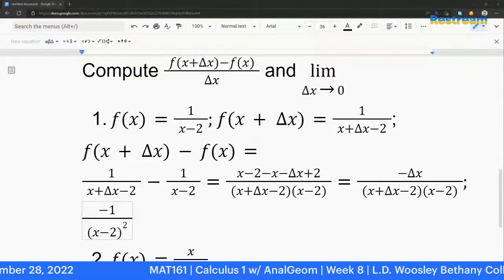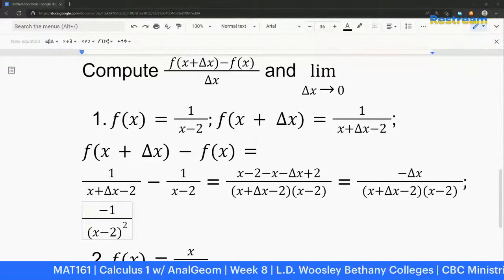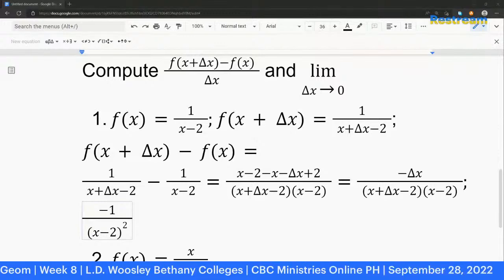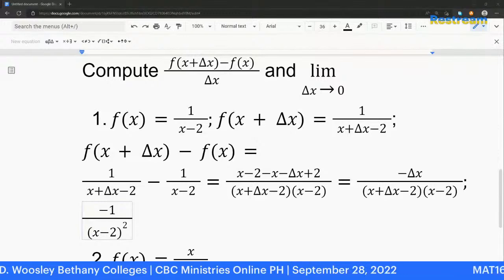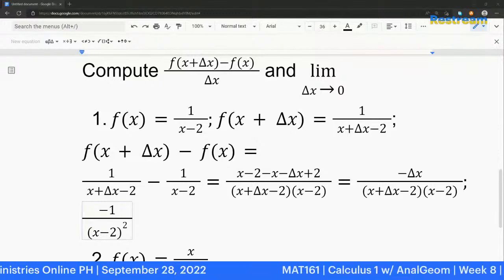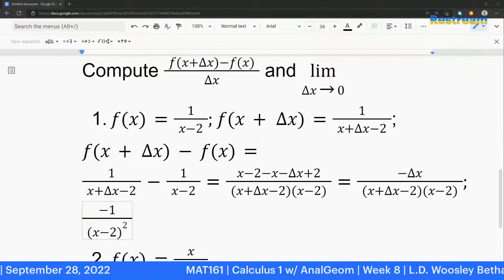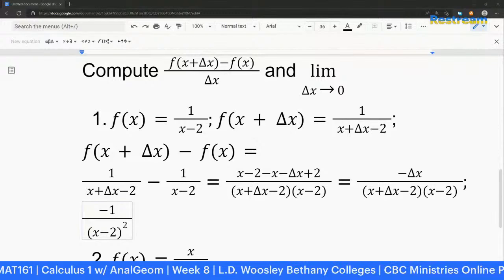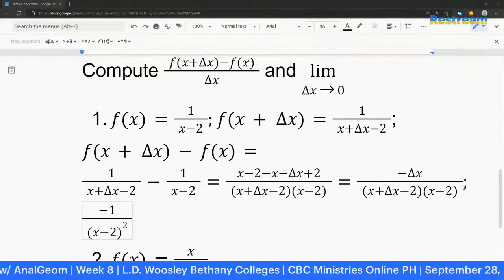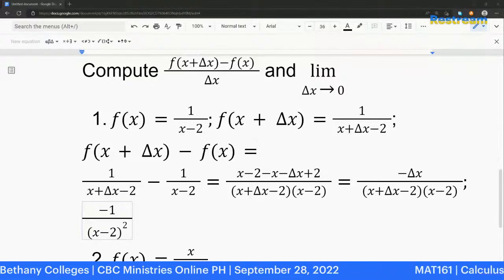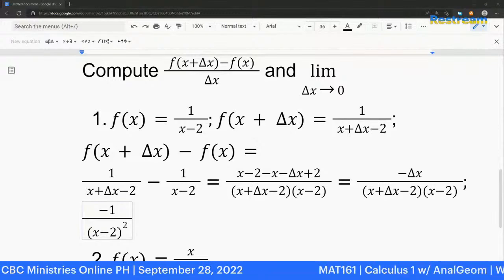Di ba po delta x dalawa? Sa taas po, so magiging 1. Sa baba, positive 1 po. Sa baba? Ano bang sa baba? Kinombine mo lang naman yun eh. Kinombine mo lang yung baba, Nora eh.